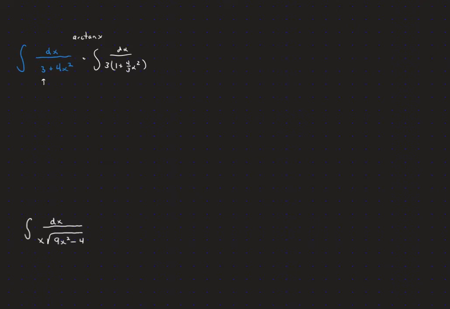Not pretty, I agree. The 3 in the denominator we can pull out and make 1/3. We now have the integral of dx over 1 plus 4/3 x squared. This is progress. We're trying to envision this as a 1 plus u squared. So our u is going to be the square root of 4/3 x squared.